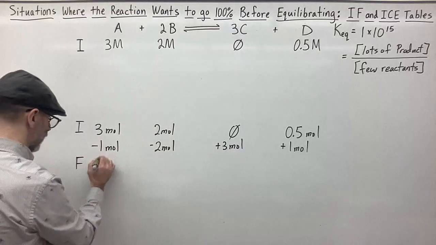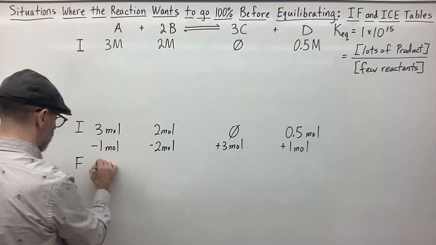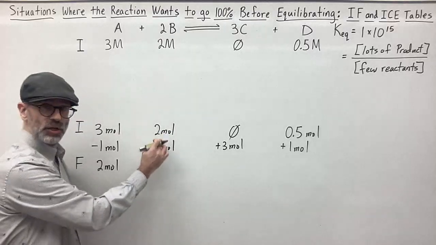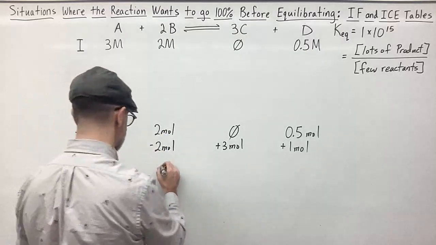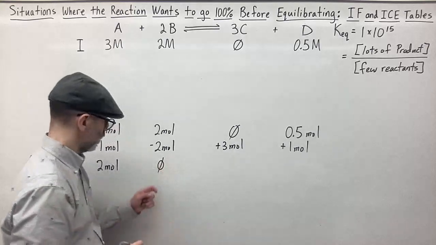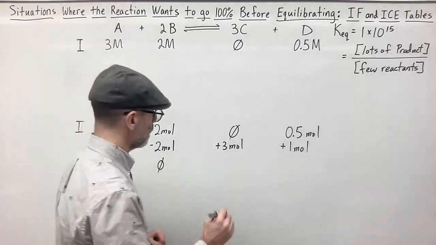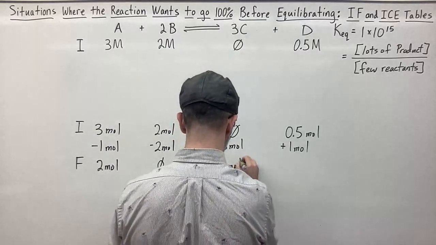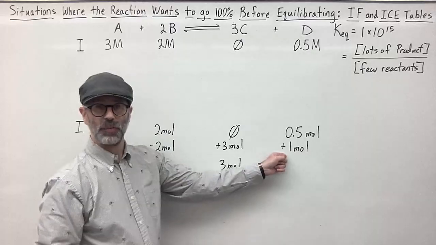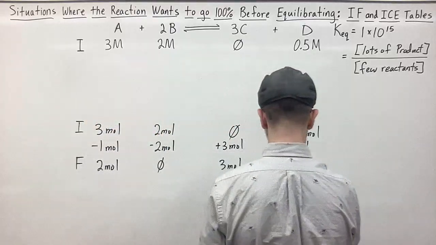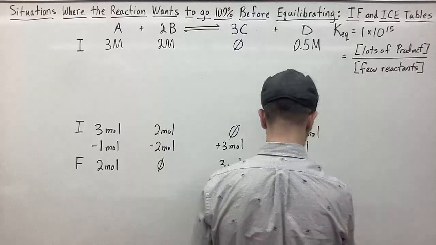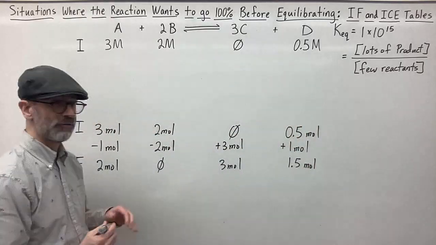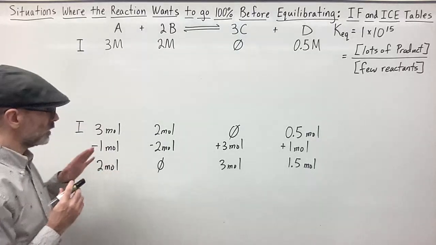So I subtract 1, so I'm going to end up with 2 moles left of A. I subtract 2 from 2, which means I end up with 0 moles of B. Then I'm going to end up with 3 moles of C, and 1.5 moles of D. So now I have the moles at completion.